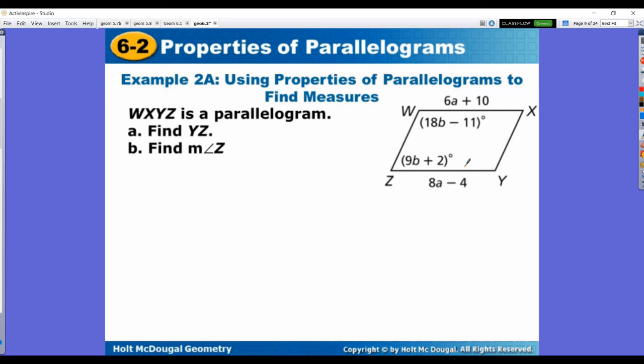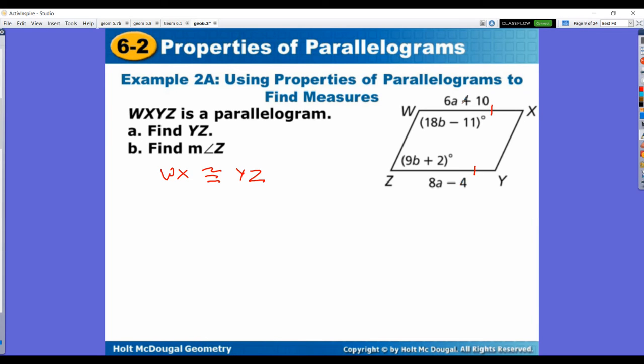Okay, so a parallelogram says that our opposite sides are going to be congruent. So these two sides are going to be exactly the same. So if we label that, WX is going to be congruent to YZ.